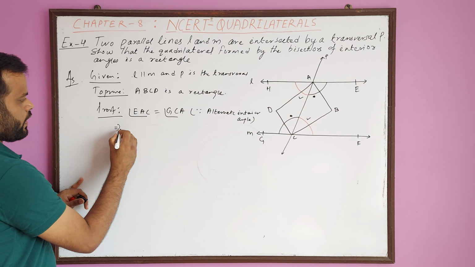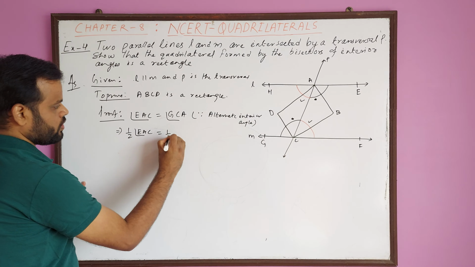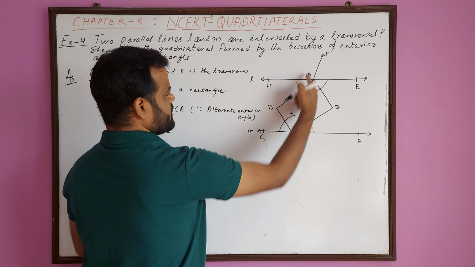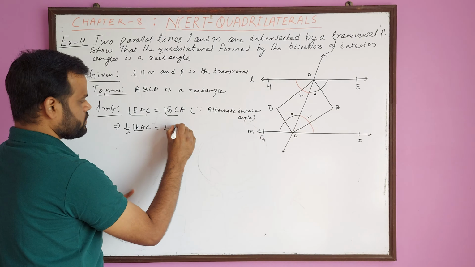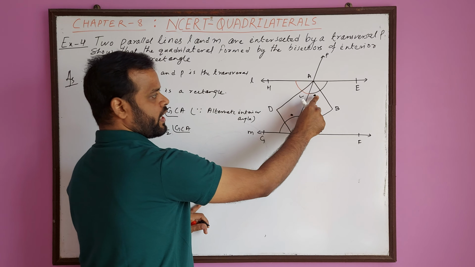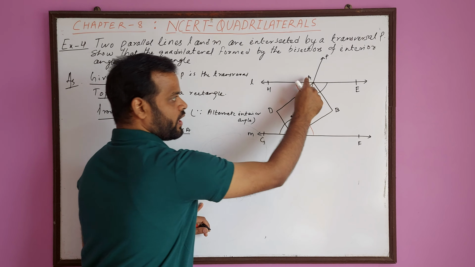Now half of EAC is equal to half of GCA. We are multiplying half on both sides because we are interested in the interior angles inside the quadrilateral.